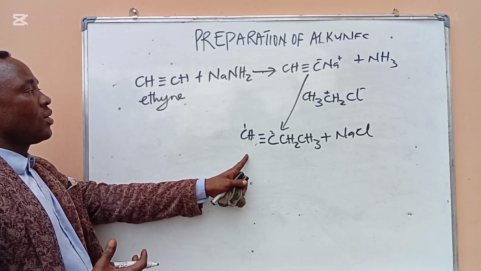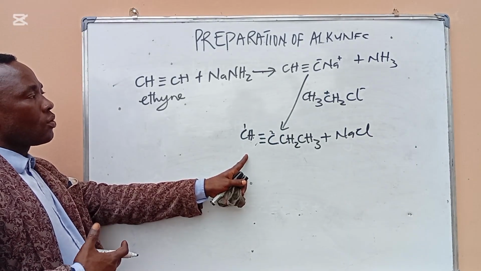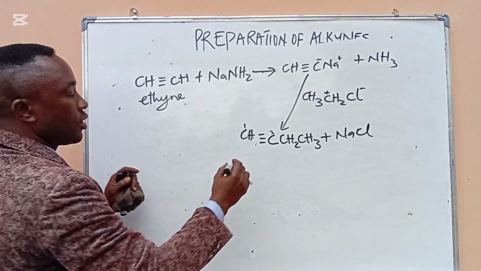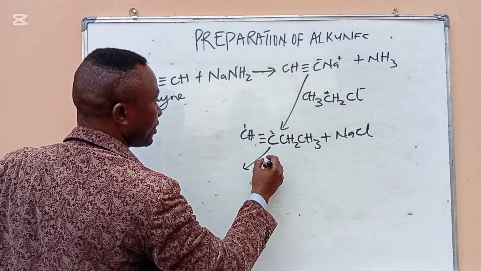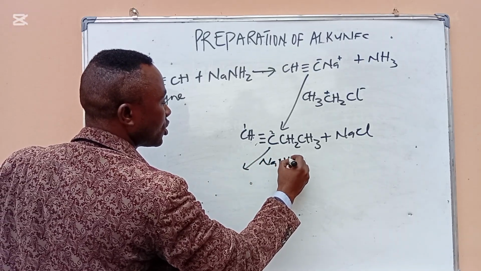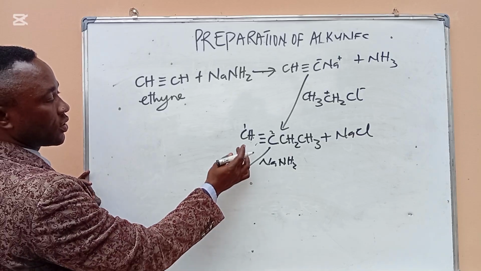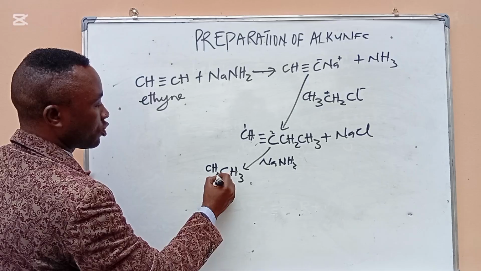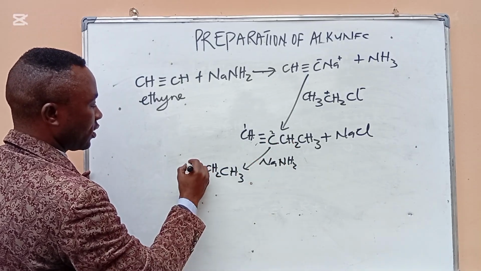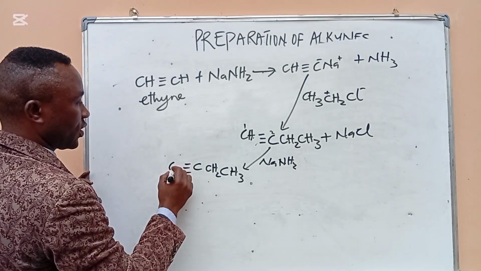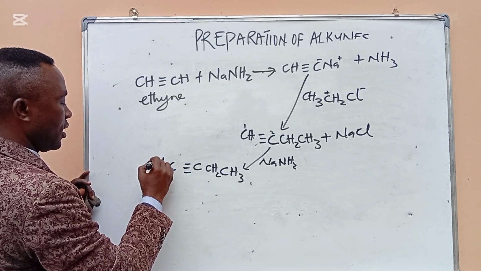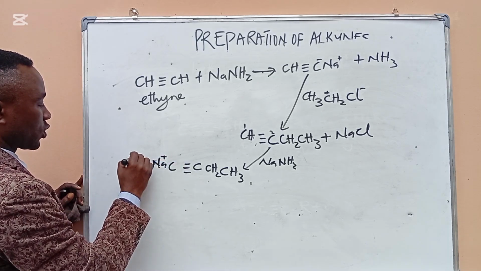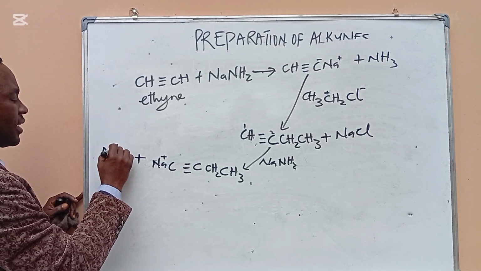So we can react it with sodium amide again to continue the reaction. Combining this product with NH2 minus, this is the side that will be attacked, so we'll have CH3CH2 C triple bond C Na plus, plus ammonia, NH3.